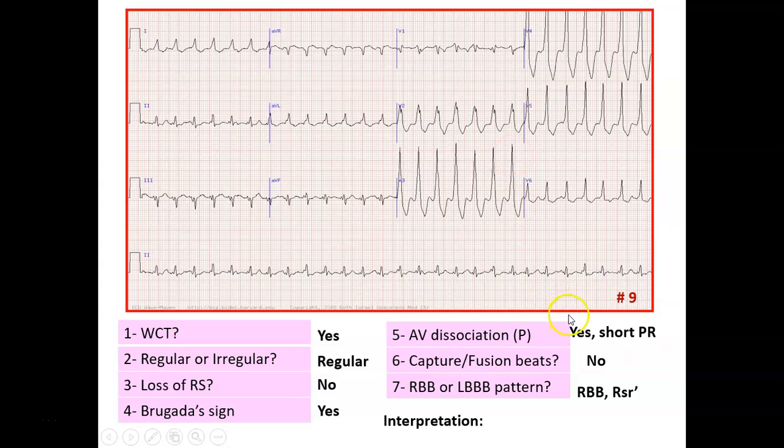And the initial R is taller than what you see in the normal right bundle branch block. So some points it looks like ventricular tachycardia, and other points it looks like SVT with aberrant conduction. It's narrow complex tachycardia, so it's difficult to differentiate. So in such cases, we say this is wide complex tachycardia but of uncertain origin.